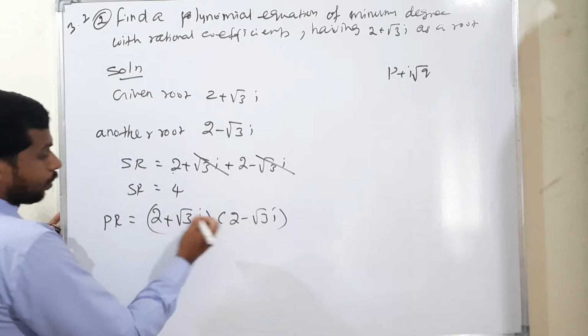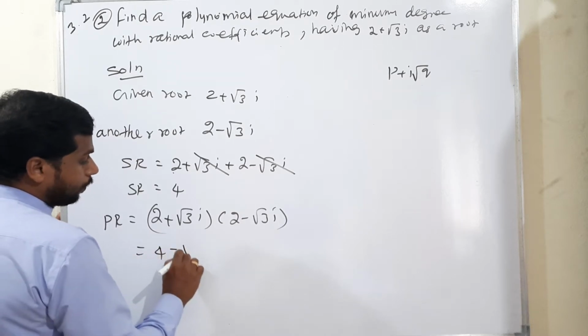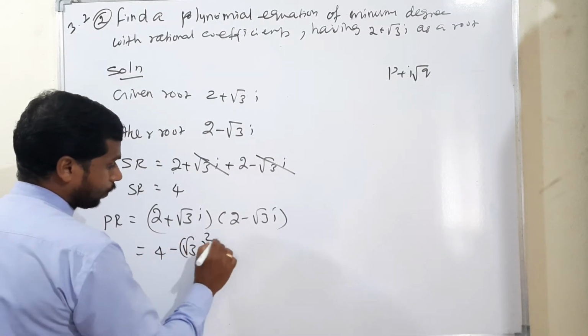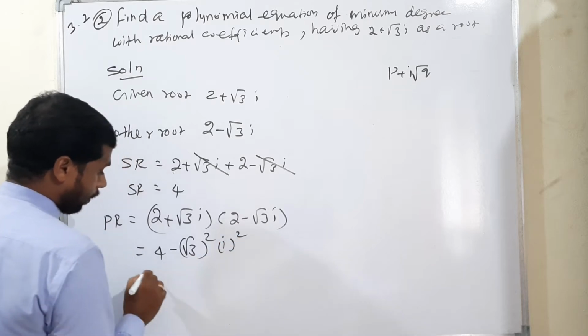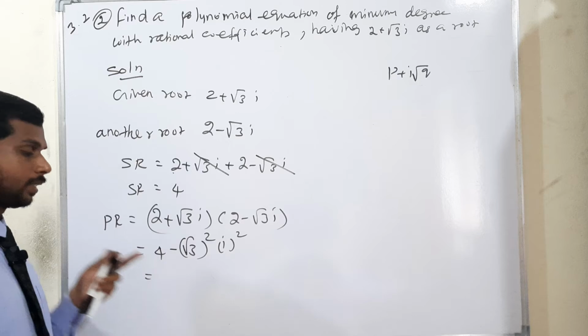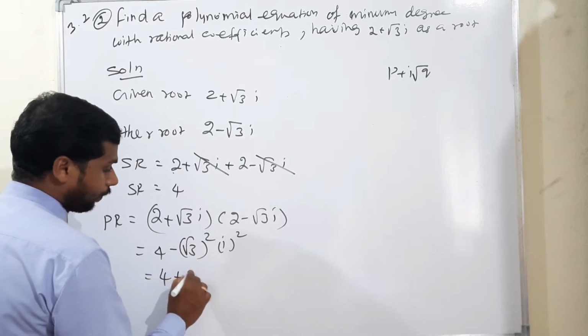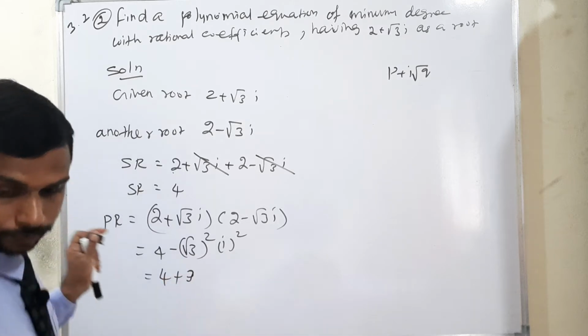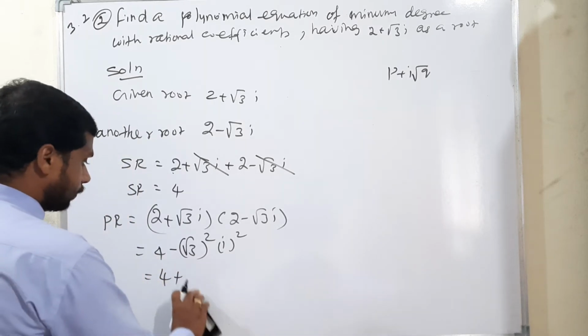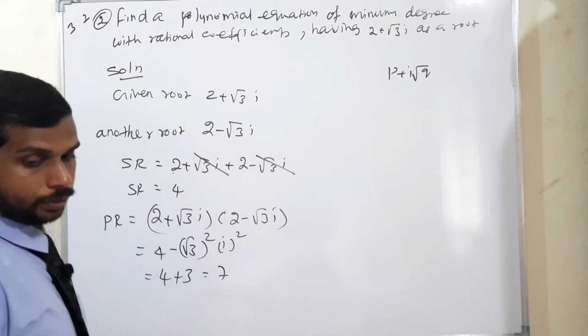So a square means 2 square, which is 4, minus b square, which is root 3 the whole square into i square. We know i square means minus, and we have a common minus, so minus into minus gives plus. So 4 plus root 3 into root 3 means 3, isn't it? Therefore the product of the roots is equal to 7.